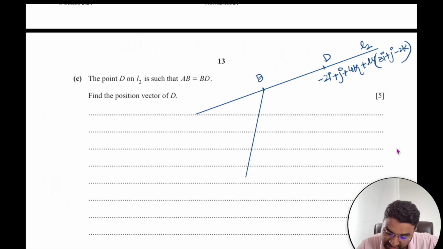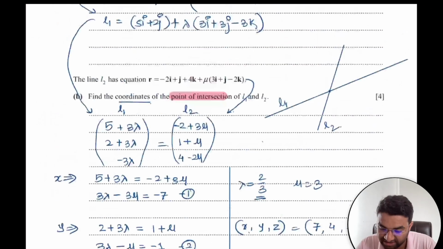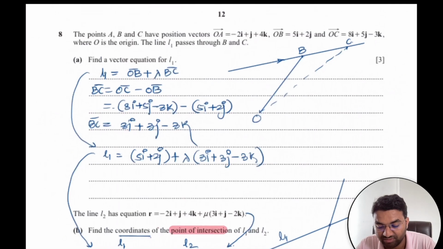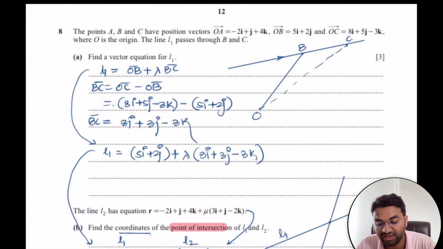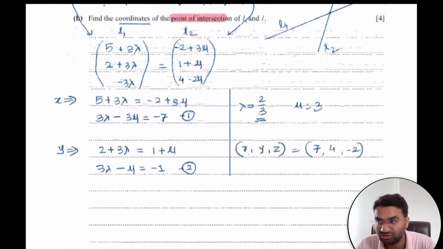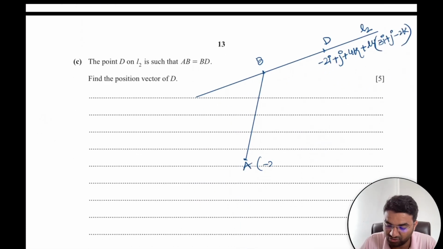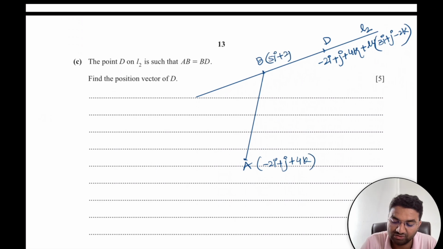AB is another line, so we will take A and B. We have the position vector of A at the beginning. So A is negative 2i plus j plus 4k, and OB is 5i plus 2j.